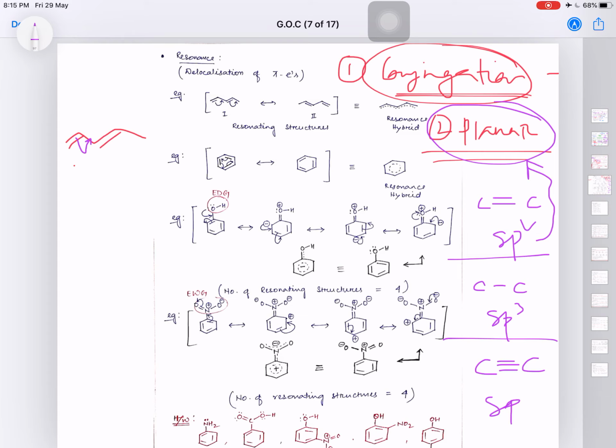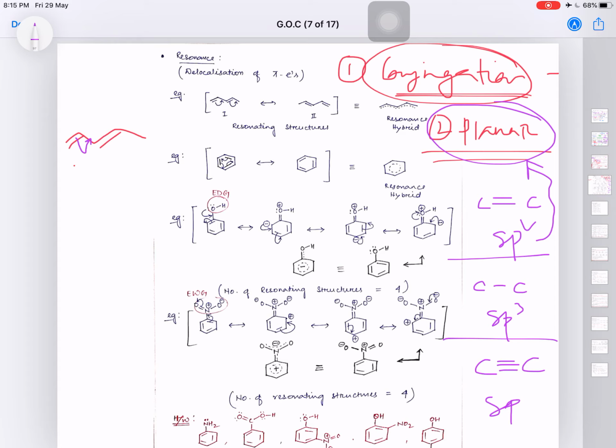Means the first arrow always ends up in a bond, and the second arrow always ends up in an atom. You should note this down, because this is the most common mistake that many students make. First arrow will end up in a bond, second arrow will end up in an atom.